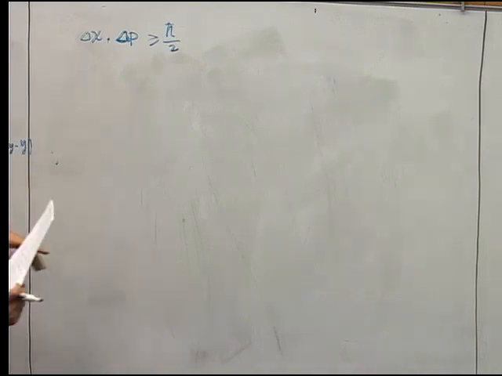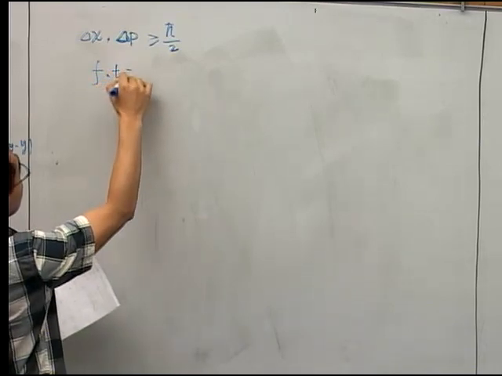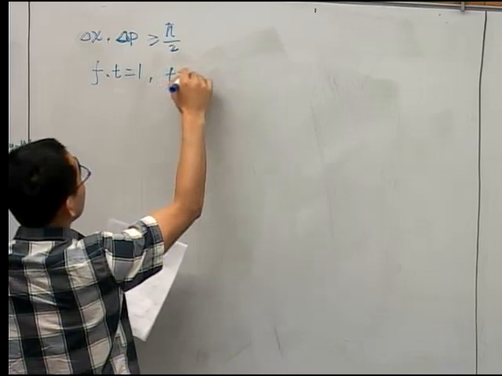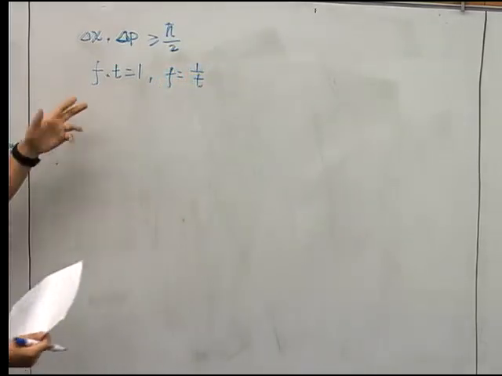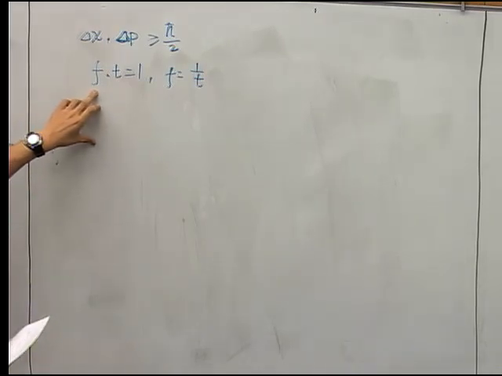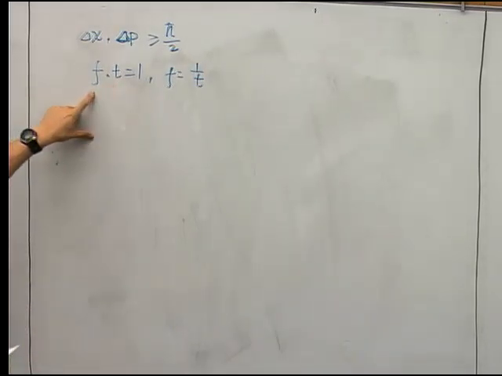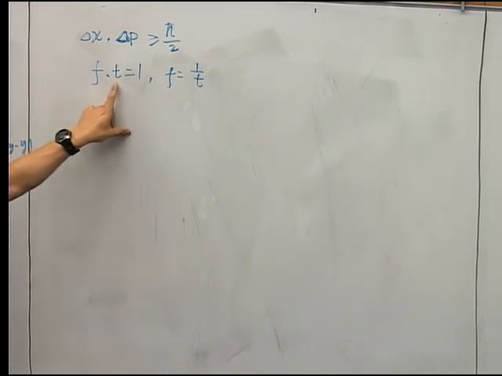It's a similar thing in the frequency and the time domain. You have f times t equal to 1, right? So f equals 1 over t. If you want a very high resolution in the time domain, you sacrifice the resolution in the frequency domain. You want to know very accurately here, you sacrifice here.